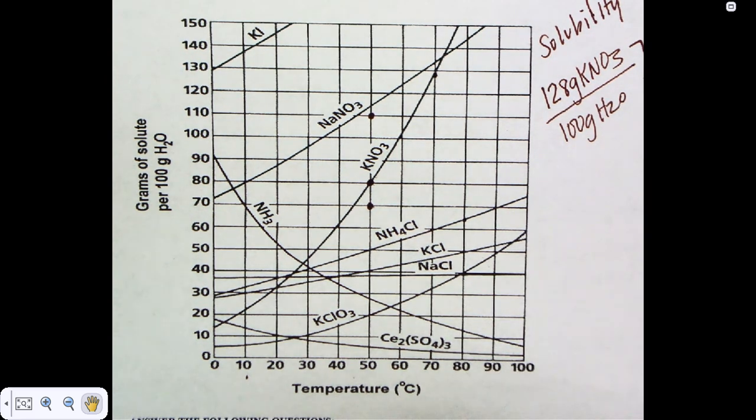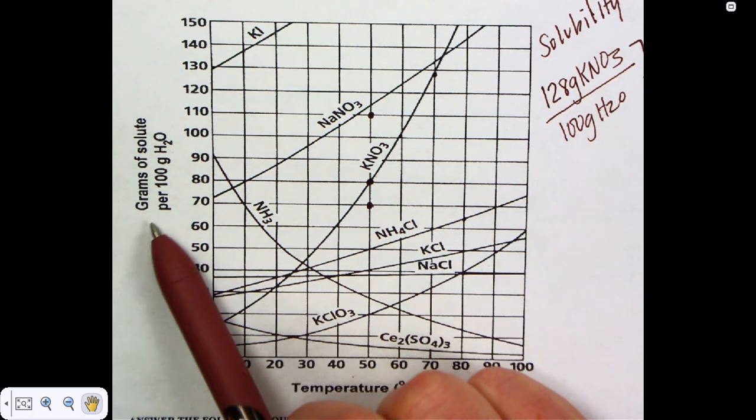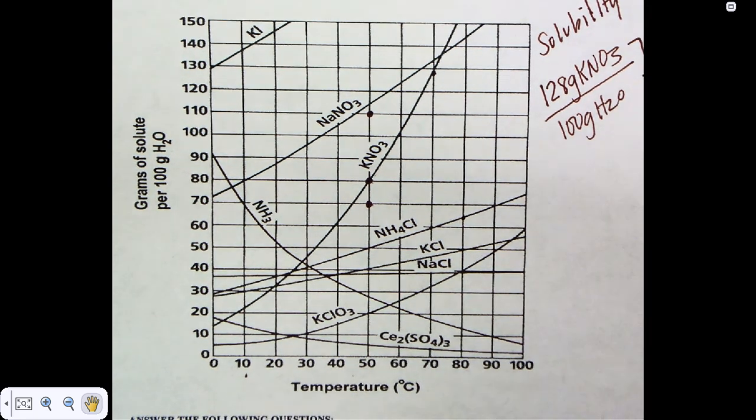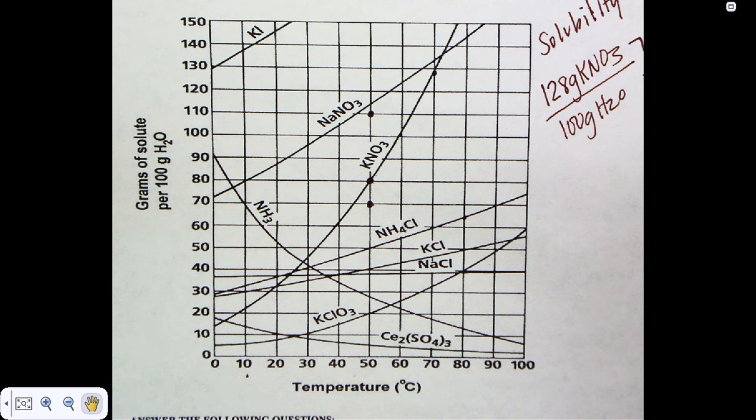The other thing I wanted to point out is what to do if it was more than 100 grams. Let's do an example of that. How many grams of NH4Cl would dissolve in 200 grams of water at 90 degrees Celsius?